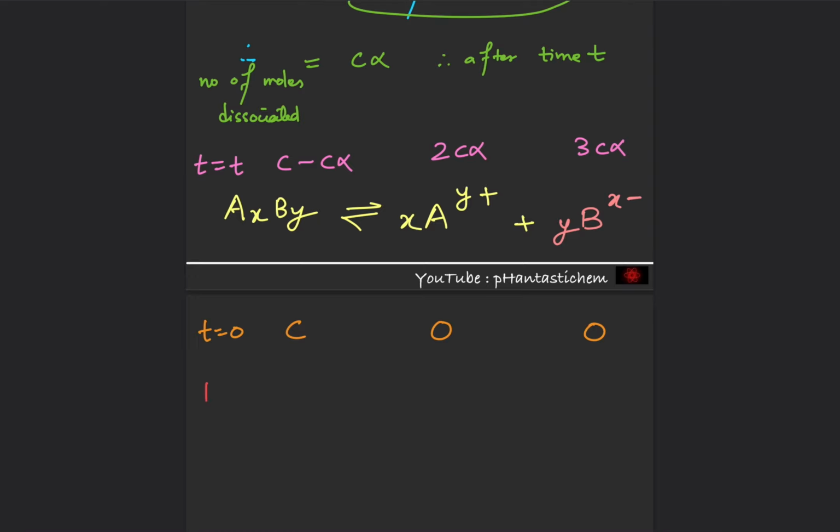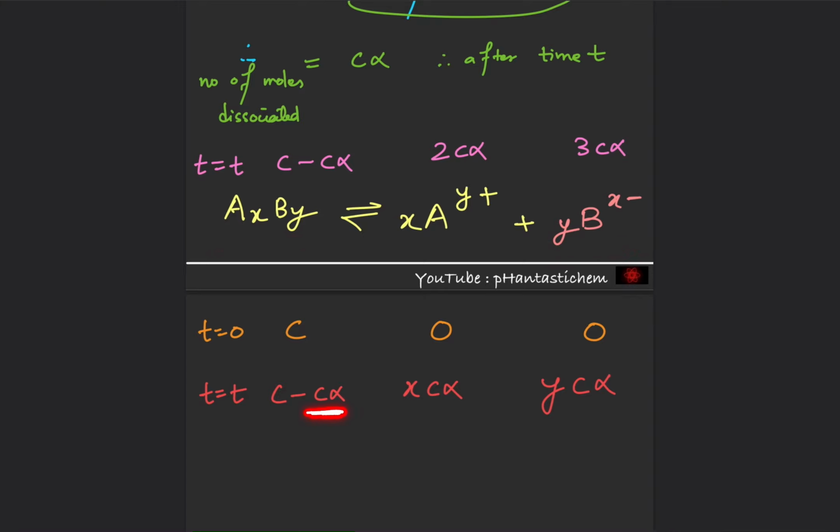And at time t, the concentration of AxBy is going to be C minus C alpha. We are assuming the degree of dissociation as alpha, and here it will be x into C alpha and y into C alpha, because you can see 1 mole of AxBy gives me x moles of Ay+ and 1 mole of AxBy gives me y moles of Bx-.